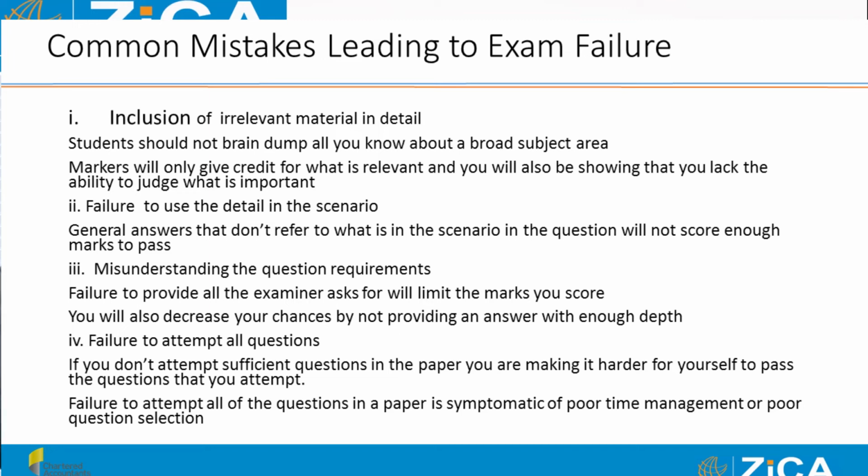Then avoid mixing up your answers. You would find that on one sheet of paper, some students would write, for example, part 1 of question 1 and part 2 of question 2 on the same sheet. Then you are confusing the marker. Where will the marker start marking from?